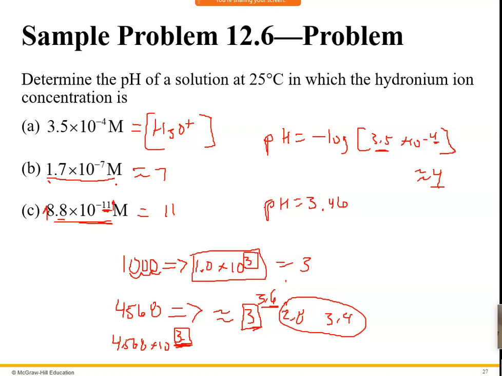So it's actually 6.77, which is pretty close to that. 6.77. And then if we do this one, so 8.8, it's 10.